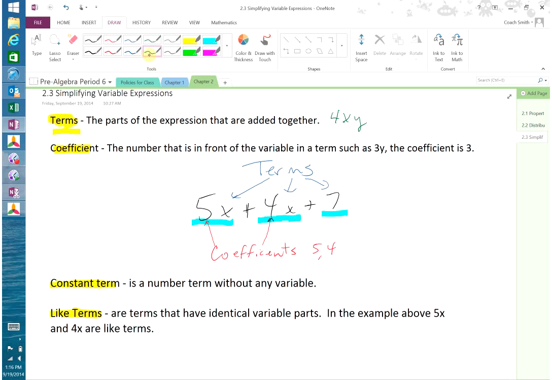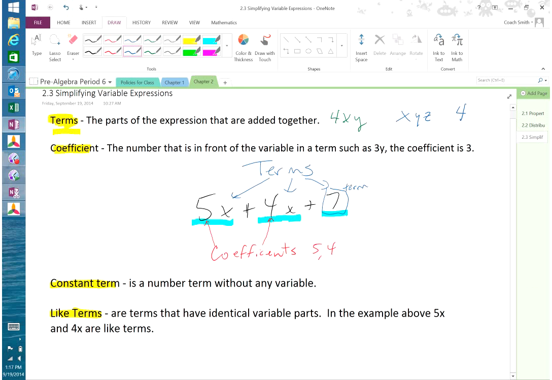It could just be x, y, z. That can be a term. It's any form of number or variables that don't have any addition or subtraction signs in between them. Just the number itself, 4. Like we had 7 right here. That's a term.